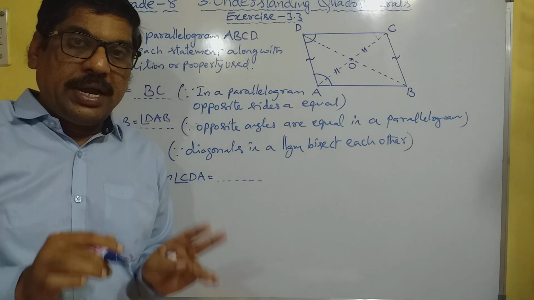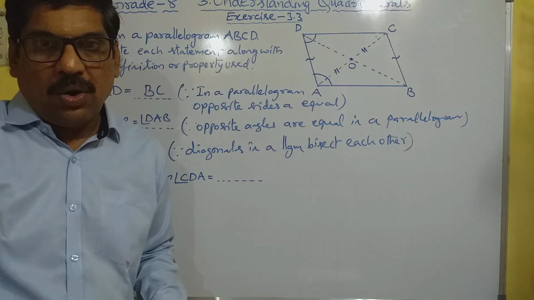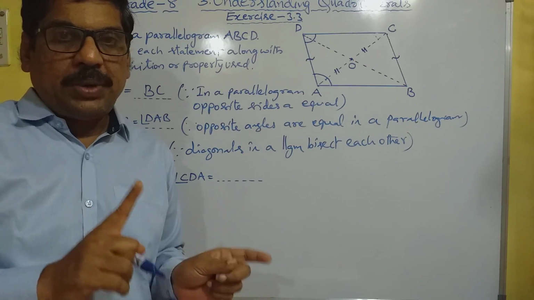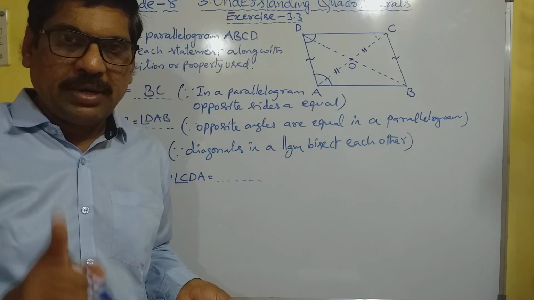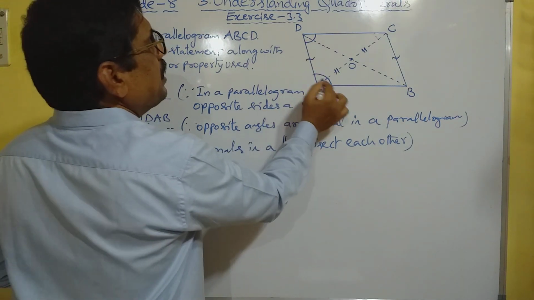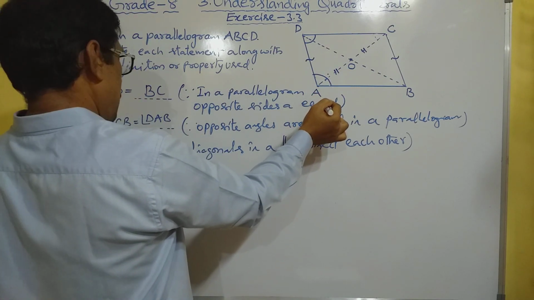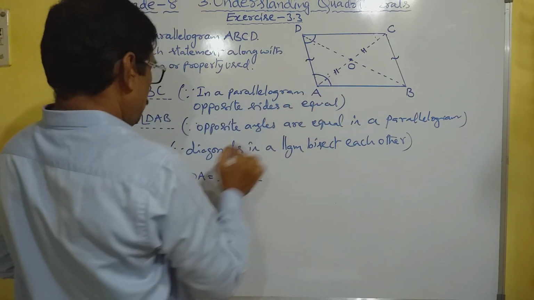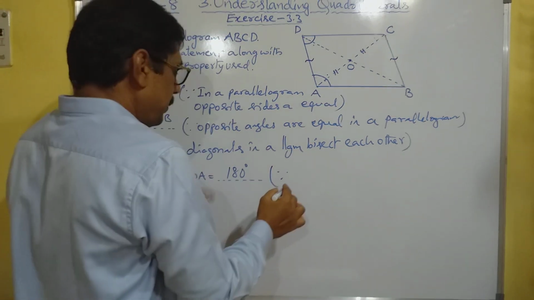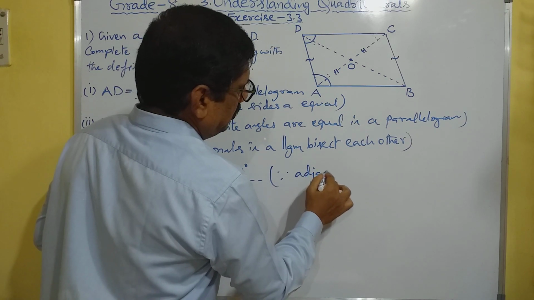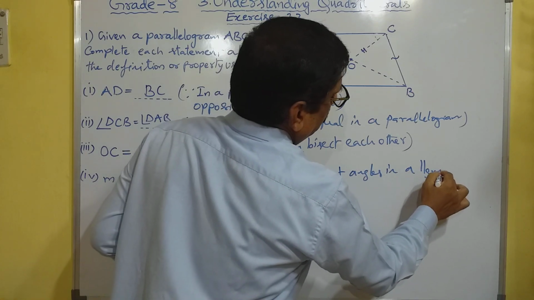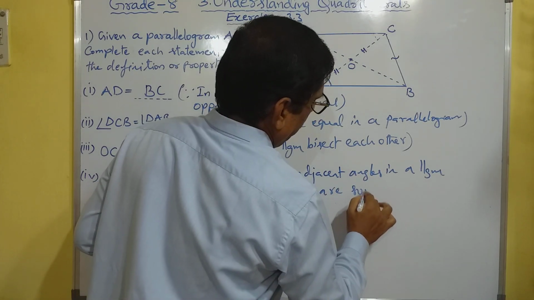We know that the adjacent angles in a parallelogram are supplementary. What is going to be supplementary? If the sum of any two angles is 180 degrees, we can call them supplementary angles. So we can say that measure of angle DAB and measure of angle CDA is equal to 180 degrees. Why? Because adjacent angles in a parallelogram are supplementary.